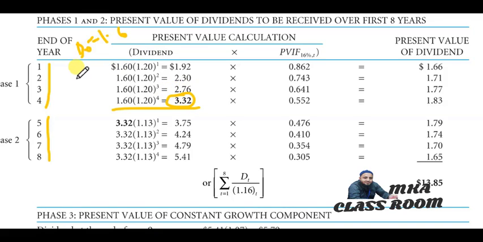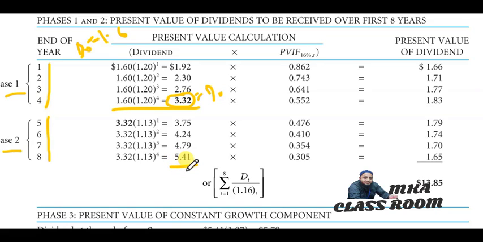And in the second phase, 3.32 should be treated as D naught. Then you can calculate the value of the dividend, D1 equals D naught times 1 plus g power 1. Here again it is treated as D naught for year 5 because it is the second phase. Now at the end of year 8 our dividend is 5.41.